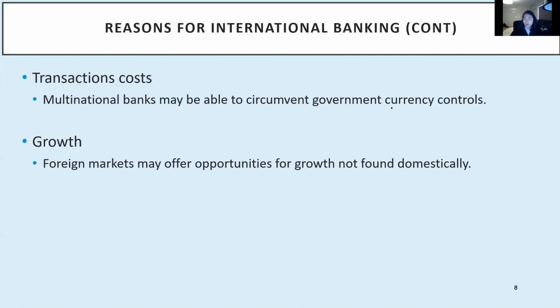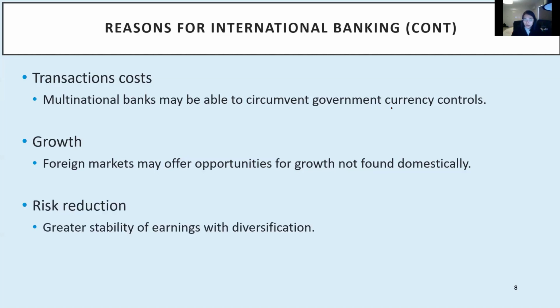When you reach out overseas, of course, you are exposed to a bigger market, so there will be more opportunities for growth, okay? Another advantage is risk reduction. If you reach out to a bigger market, you can diversify your portfolio, and so it will give you some more risk reduction benefit, right?